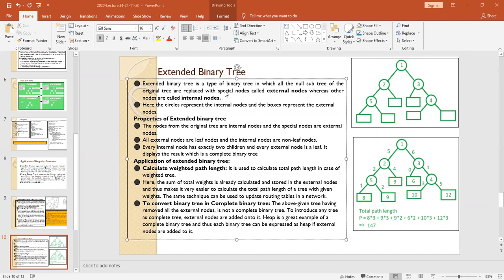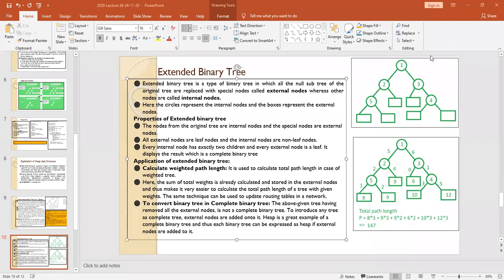Subtrees of the original tree are replaced with the special nodes called external nodes, whereas the other nodes are called internal nodes.